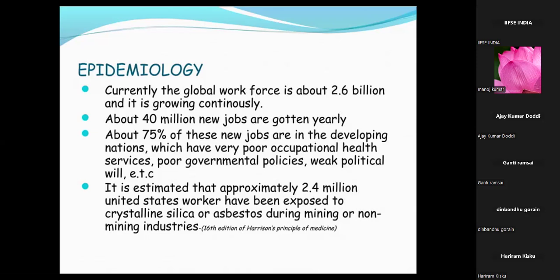And for the unorganized sector like construction industries, it's all very poor. So obviously the rate of such epidemiology in India will be more as compared to the developed nations.